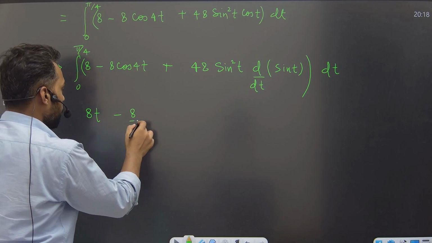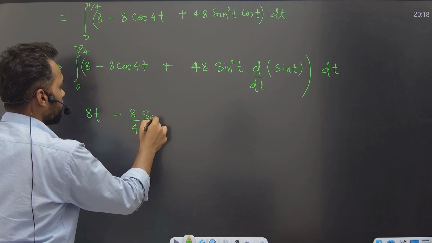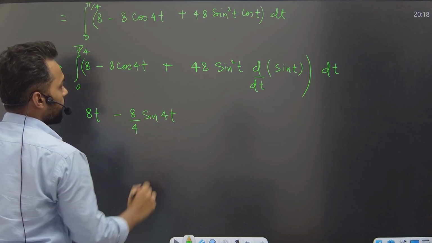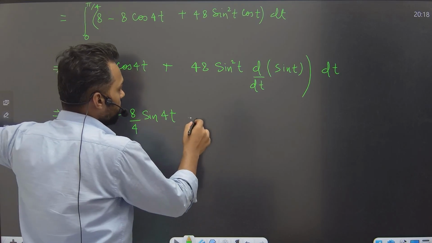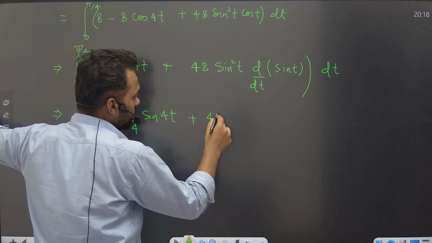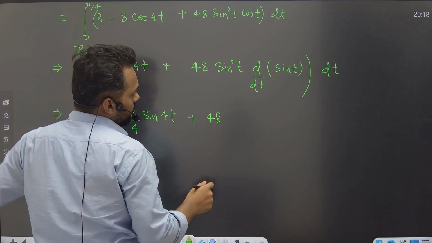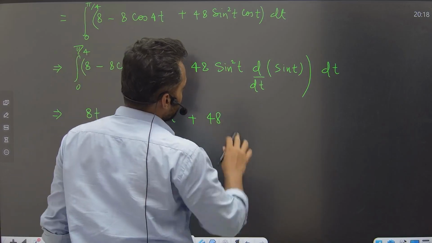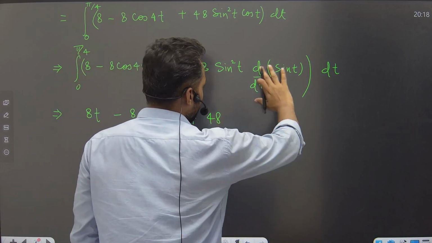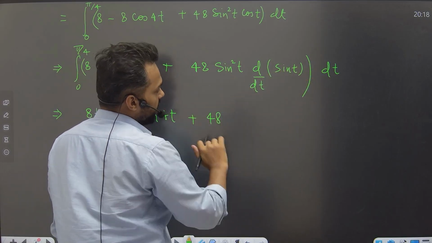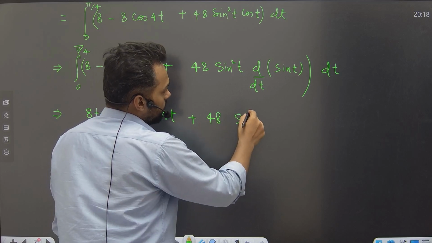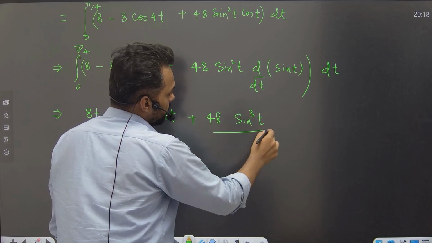It will be 1 by 4 sin 4t. Plus 48 times, what will be the integration of this part? It will be the integration of sin square t into d by dt of sin t. It will be sin cube t upon 3.